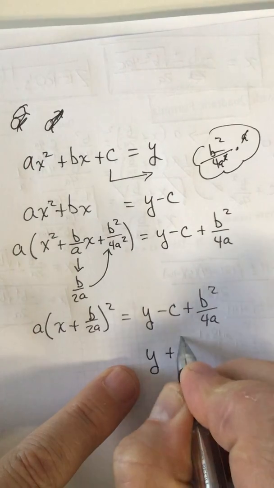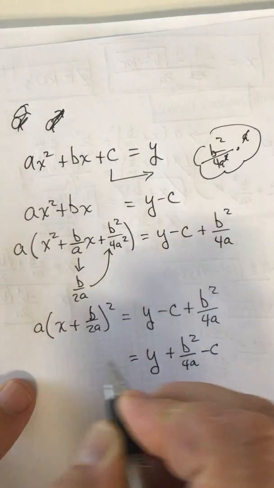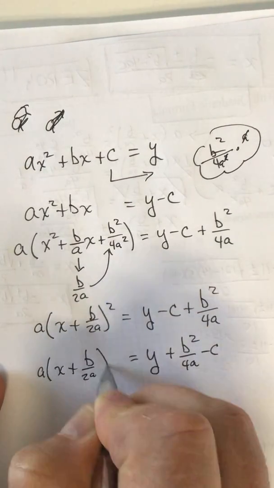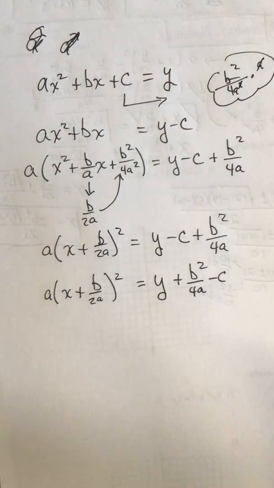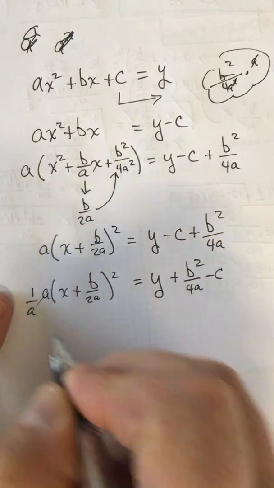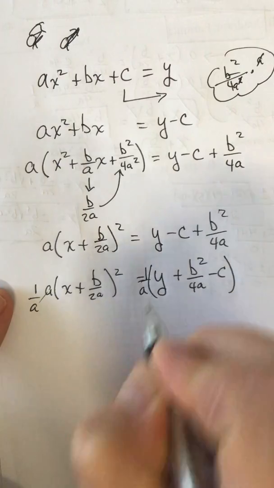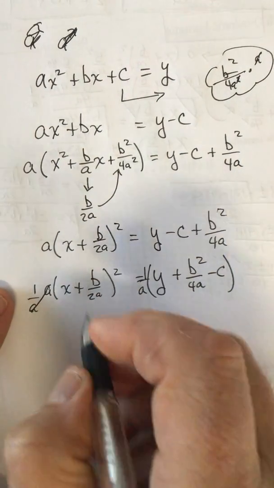How about y plus b squared over 4a minus c? I haven't really done anything, I just switched those around. Okay, I'm going to multiply both sides by 1 over a just to get that to cancel out. So I'm going to multiply this side also by 1 over a. Okay, that's legal as long as you do it to both sides.